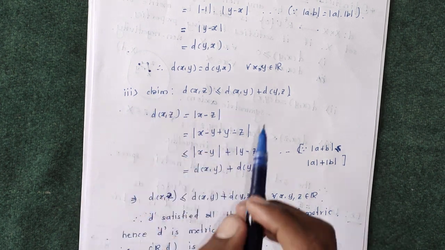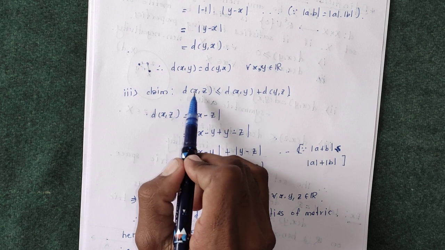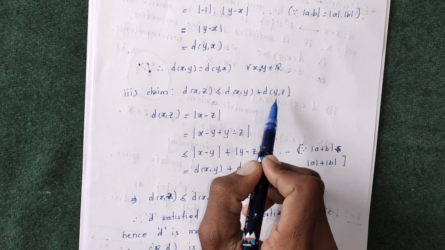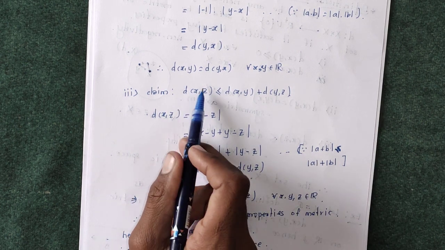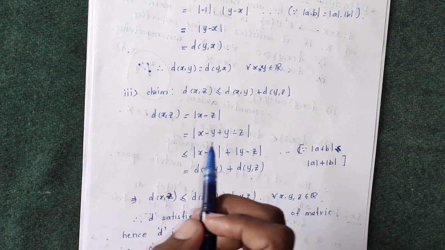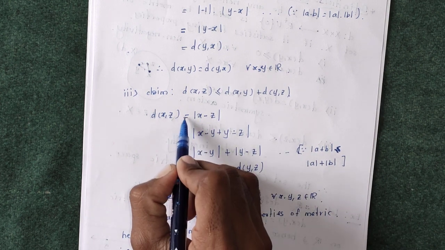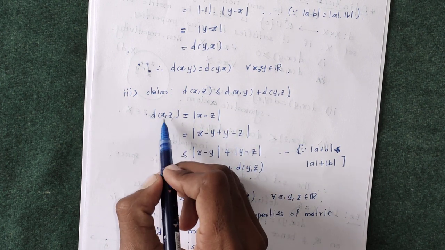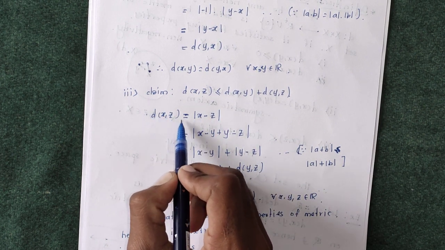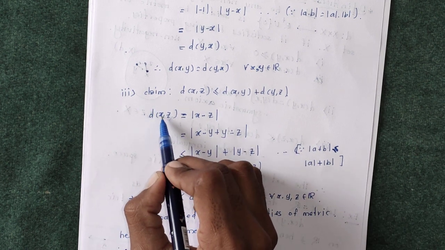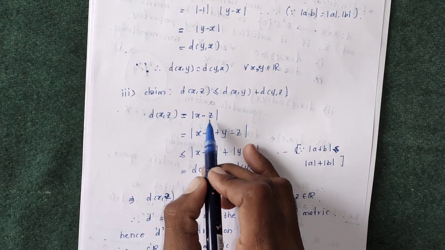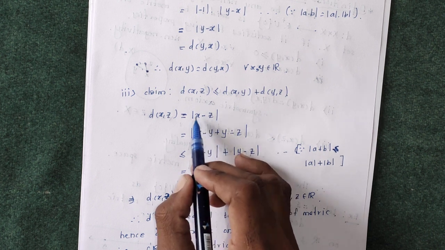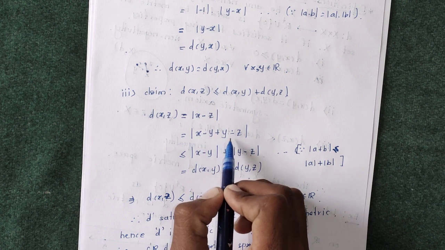The third claim is that we have to prove the third property: distance of xz is less than or equal to distance between xy plus distance between y and z. Considering the left hand side, distance of x and z, applying the definition of D, where distance of xy is equal to mod x minus y. Here the notations are different. That is, distance of x and z is equal to modulus of x minus z, and adding and subtracting y inside the modulus, that is x minus y plus y minus z.